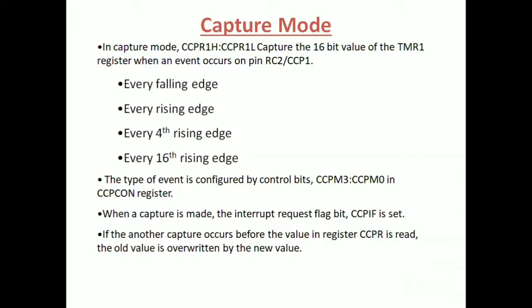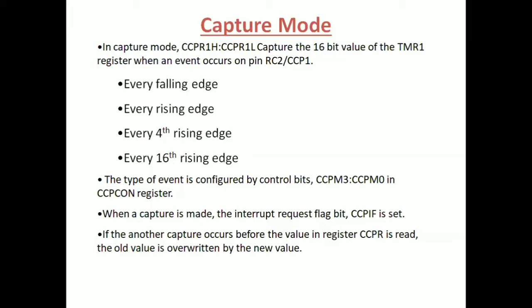It captures the timer 1 value on every falling edge appearing on the RC2/CCP1 pin of the PIC microcontroller, or on every rising edge, or on every 4th rising edge of a signal, or every 16th rising edge of the signal. The type of event is configured by the bits CCPM3 to CCPM0 in the CCP control register.